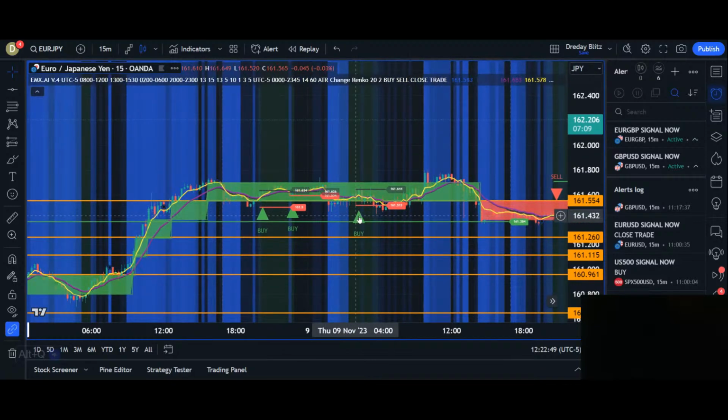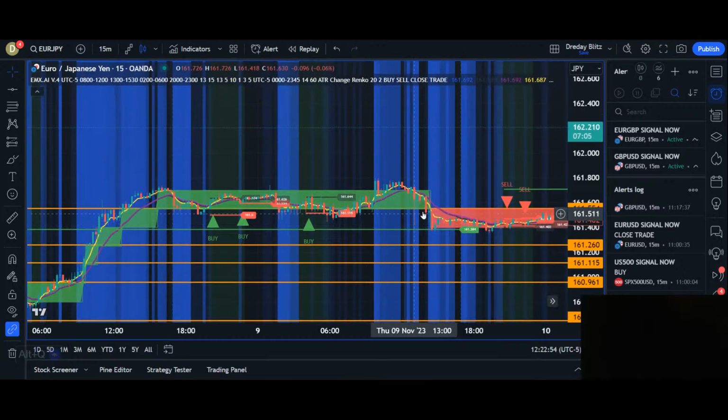Okay. So for example, for this trade, if you took the buy and it went from here to here, basically your first TP will be here, right? First TP will be the top of that zone.